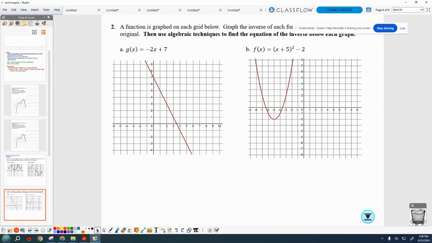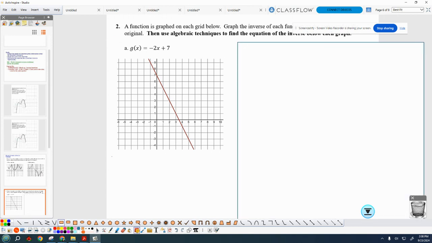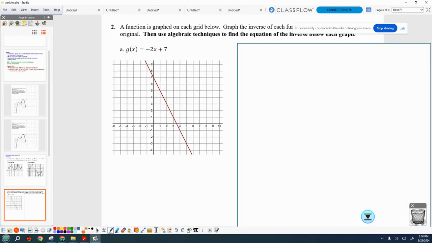What's all the stuff you know about inverses? That one you just make it negative. What do we know about inverses from Algebra 2? It's the opposite.